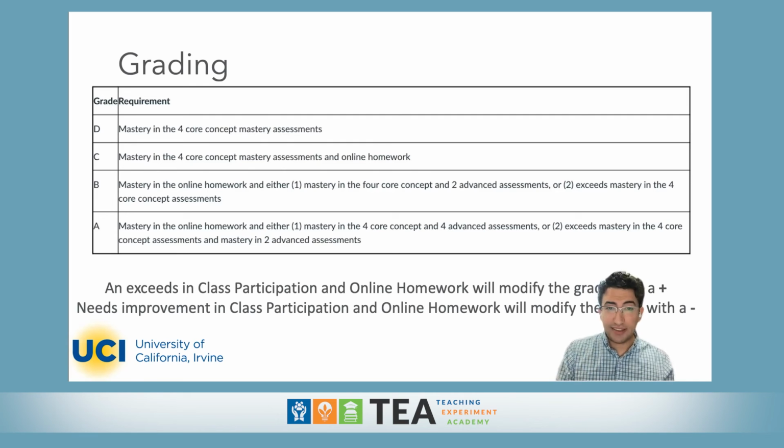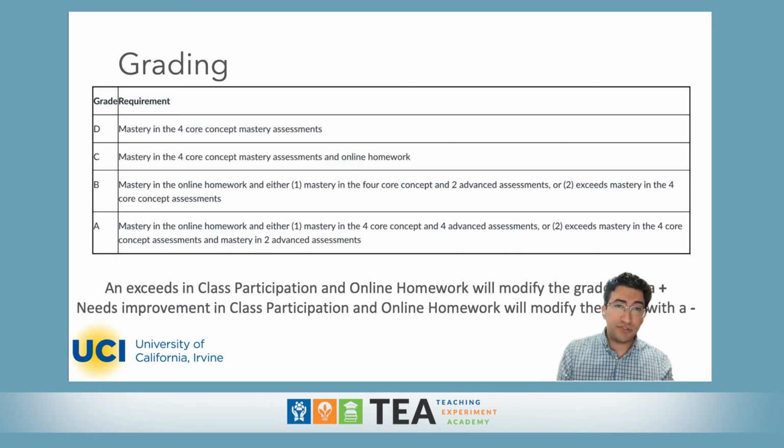If you do more than that, like say do the online homework and get mastery in that, we have a couple different options for achieving a B and an A level grade. And the reason we choose a couple different options is, again, to reinforce the idea that you don't have to be perfect in everything. So you can either have several quizzes where you exceed mastery, or you can have a broad range of quizzes or assessments where you have shown mastery.